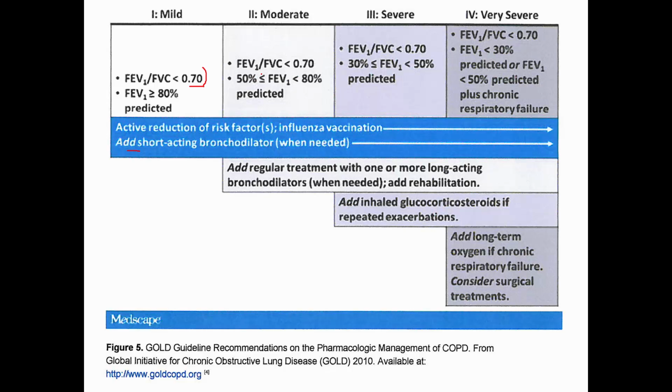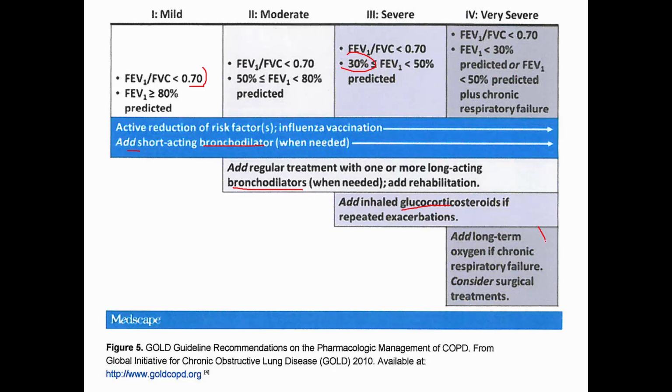Now, as the disease increases, it continues to be less than 70%, and maybe it's getting on towards 50%. Maybe they have a rescue inhaler, but then they have another bronchodilator that they take. And then their disease gets worse. Then you maybe add steroids to help with the airways collapsing, and then you continue on, and the airway disease gets worse.